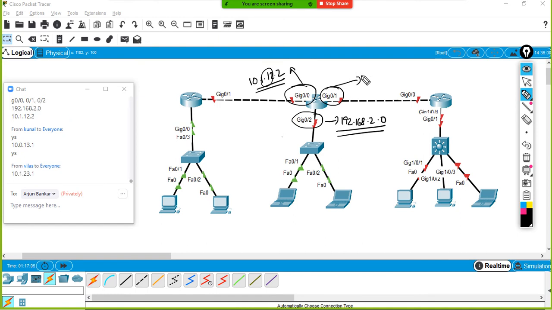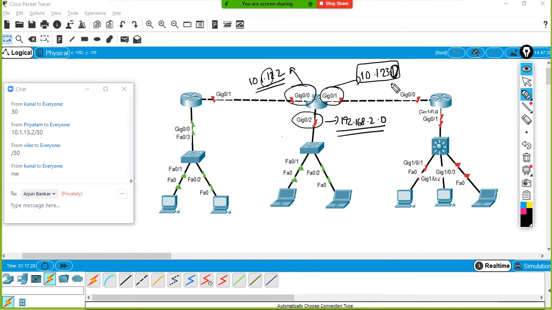If you are going to give 10.1.23.1 and you want to use it with what, /30 or /24? The 1 is representing what? I'm trying to make you clear, guys. So we want to give 2.